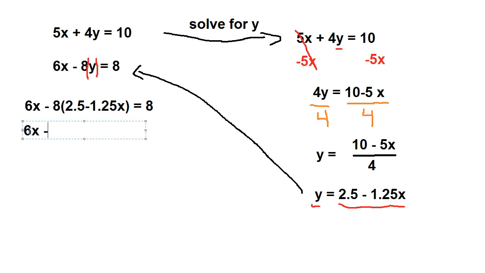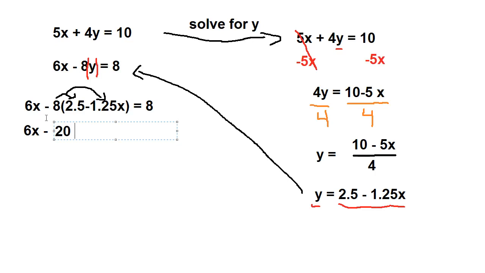6x, again, stays the same. We can expand out this bracket by distributing. In other words, we can take this 8 here, and multiply it by both terms inside. So minus 8 times 2.5 leaves you with negative 20.